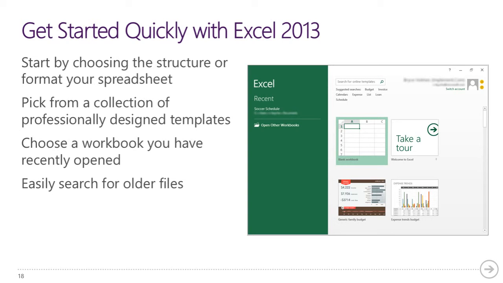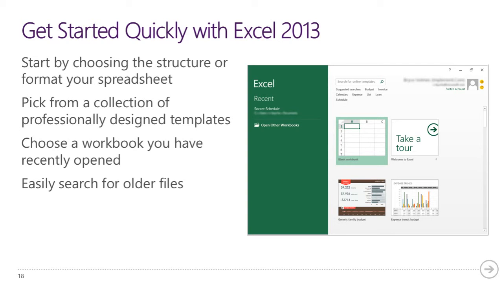So kind of starting out with Excel 2013, the idea is to make it very easy to get started using Excel. And when I say get started, I mean being able to open it up and start using the type of spreadsheet that you want to use right away, be it one that you've already engaged with and want to reopen, or selecting a new one.